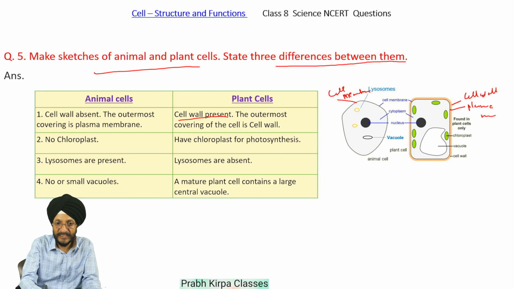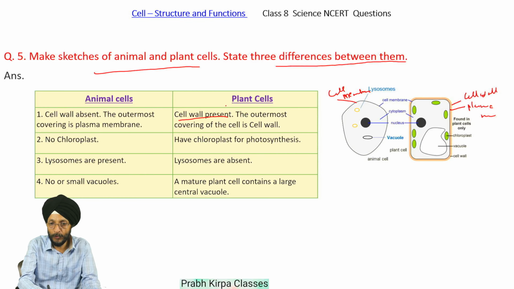So cell wall is present in plant cells, whereas it is absent in animal cells. The outermost covering in animal cells is the cell membrane or plasma membrane, whereas the outer covering in plant cells is the cell wall.